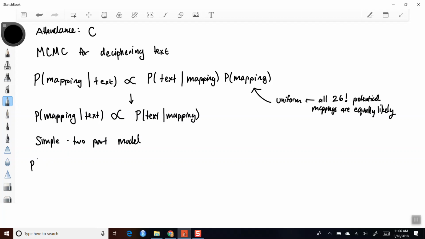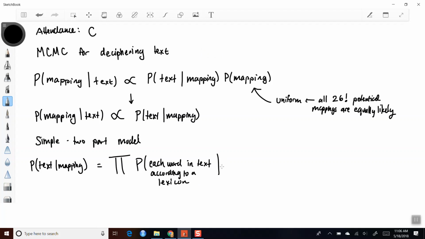When we say, what is the probability of our text given a mapping, this probability is going to be the product of the probability of each word in the text according to a lexicon, given a particular mapping.